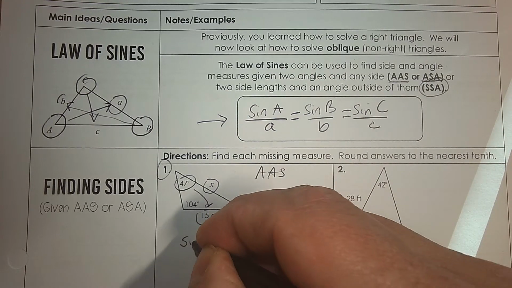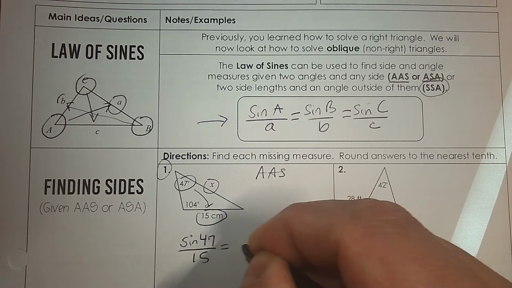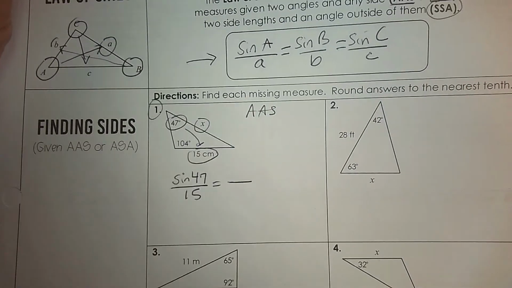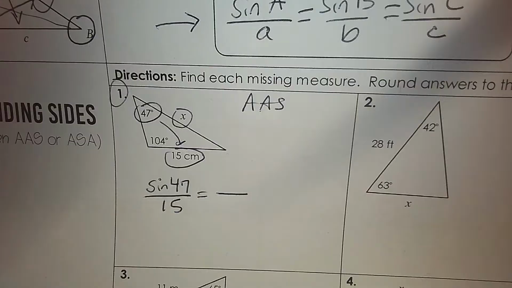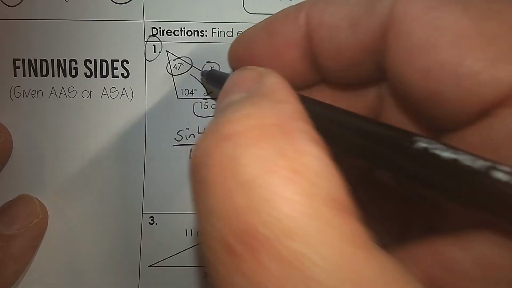We're going to write down sine of 47 over 15. Now, what am I looking for? It's x. Do I know the angle opposite of x?